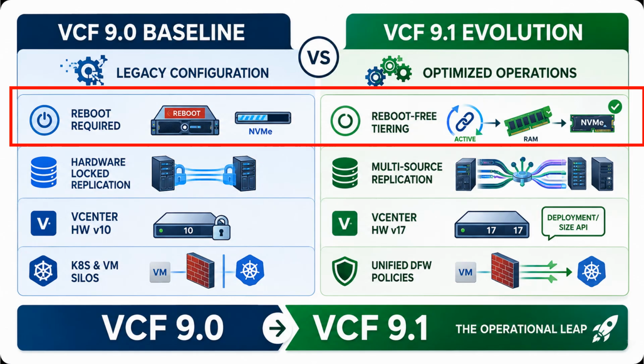Think about it like this, suppose we have an ESXi host with 512 GB of physical RAM, but our workload demand is much higher. Not every memory page is equally active, right? Some pages are extremely hot and need very fast DRAM access. Other pages are relatively cold.